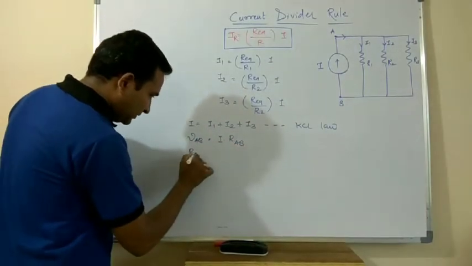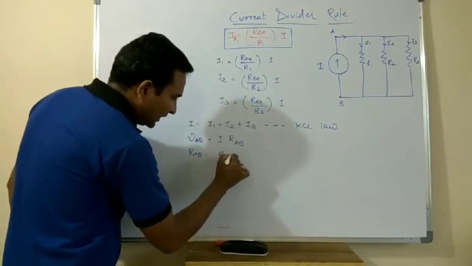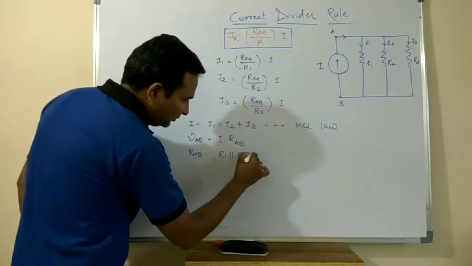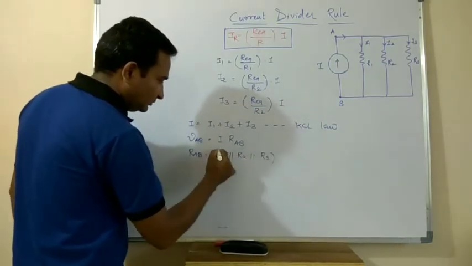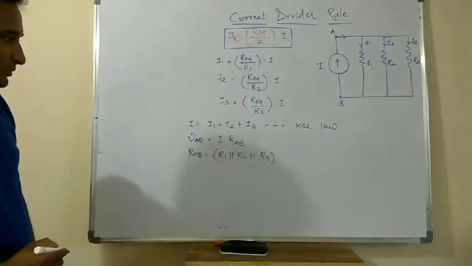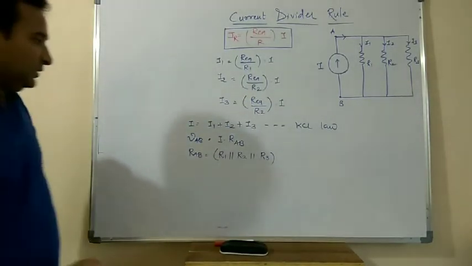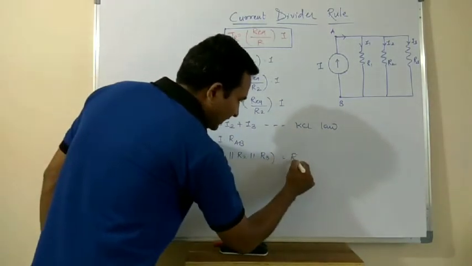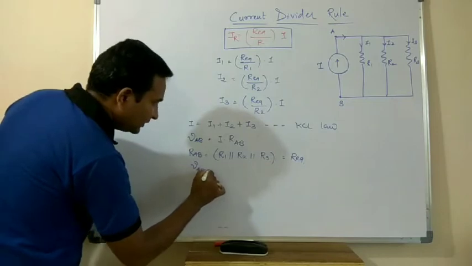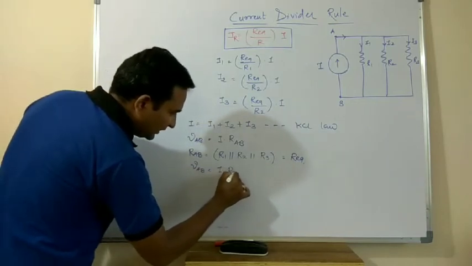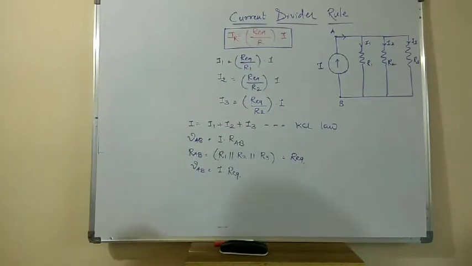Now RAB is the parallel combination of R1 parallel with R2 parallel with R3, which is nothing but the R equivalent. So VAB is equal to I into R equivalent.